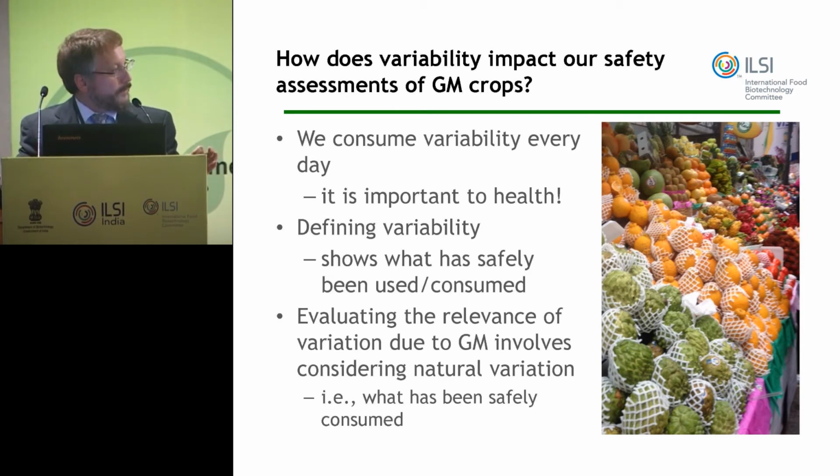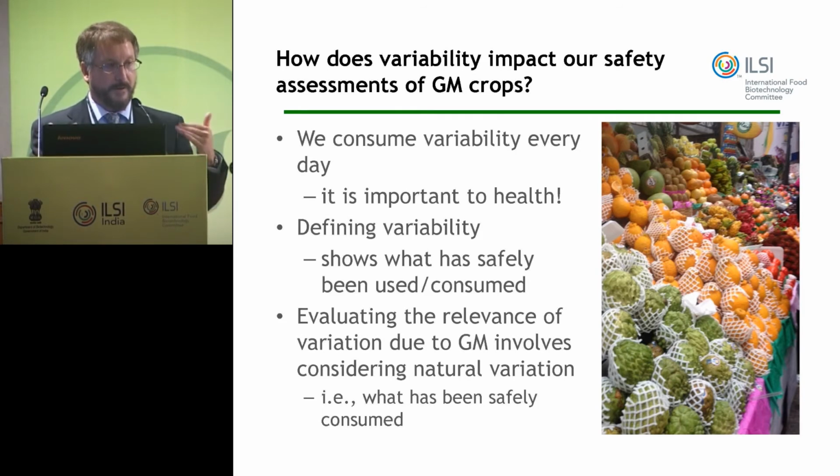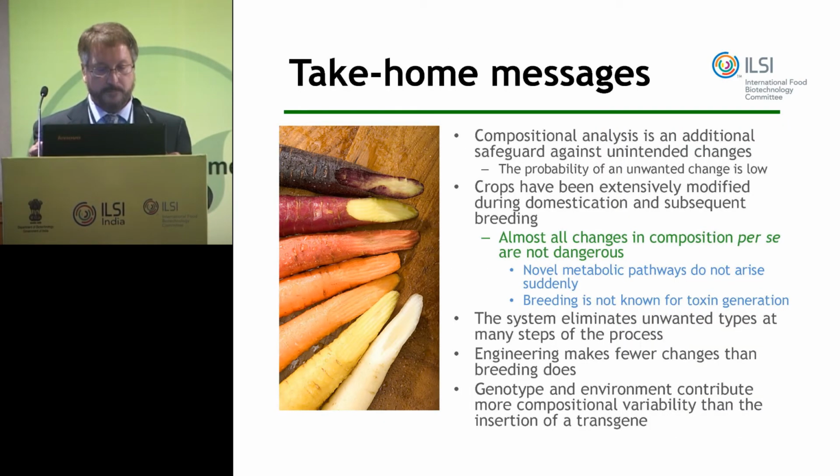So we do start by defining variability. It shows what we have safely as human beings been consuming for a long time. And then evaluating the relevance of variability from GM involves considering it in the context of natural variation. Natural variation really meaning what has been safely consumed, what has a history of safe use.